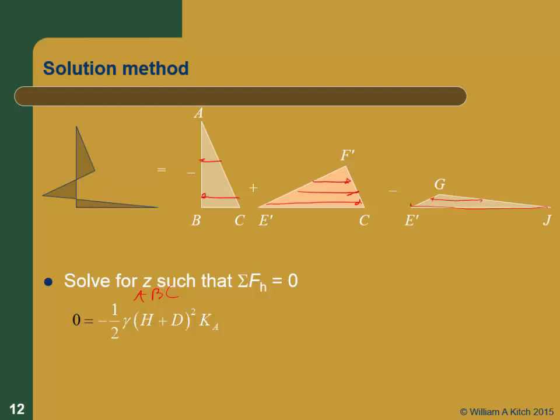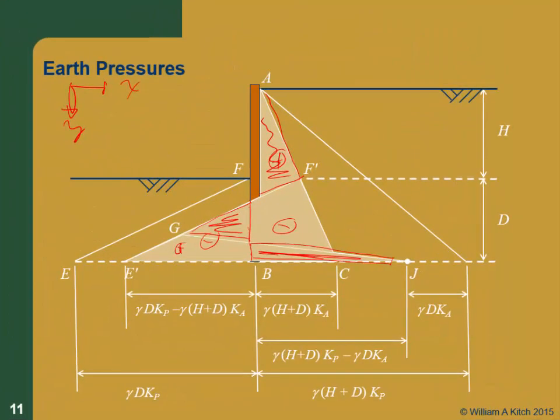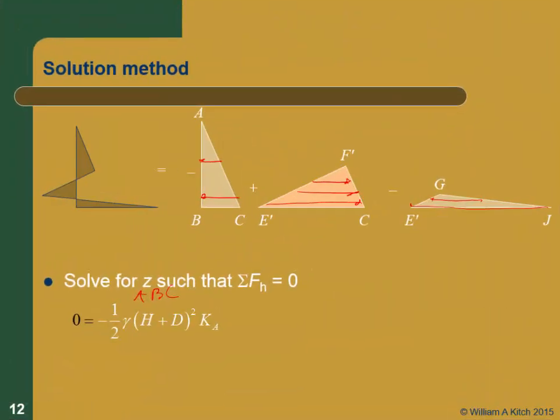The length of the base, if you remember, go back, the length of the base of that was gamma times (H plus D), and the height of that triangle is H plus D, so the area of that triangle is 1/2 times gamma times (H plus D) squared times Ka. Got it? Yes, no?